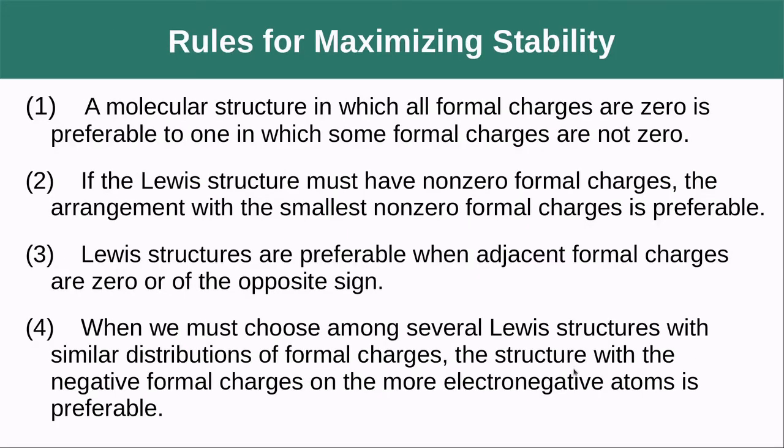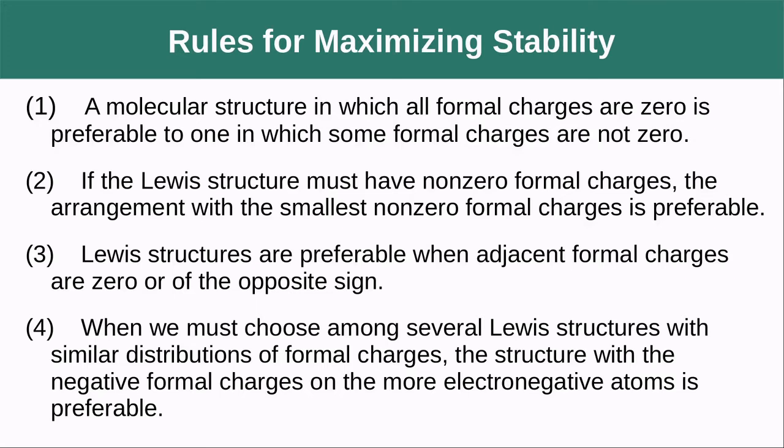So what we're going to do to maximize stability is we're going to favor structures in which all formal charges are 0 as being preferable to one where there's some non-zero formal charge.